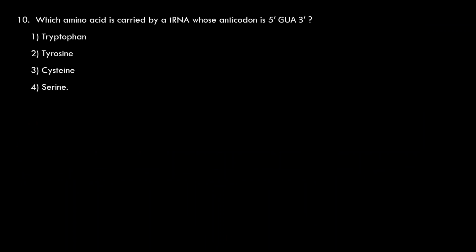Which amino acid is carried by a transfer RNA whose anticodon is GUA? So GUA is the anticodon, means the codon must be UAC, right? The corresponding codon for this anticodon, we read from 5' to 3', means the 5' base of the codon must be complementary to the 3' base of the anticodon.